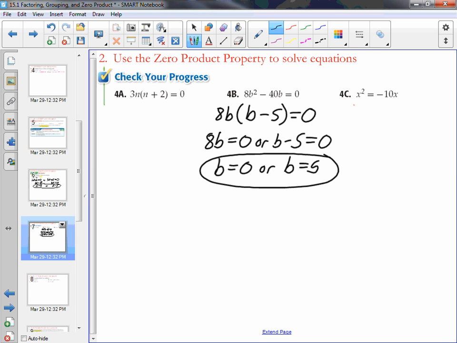However many factors your equation has, that's how many solutions you will get. So you'll have typically 2 simple linear equations to solve. I mean, they might give us 15 factors, in which case you'd have 15 simple linear equations to solve.